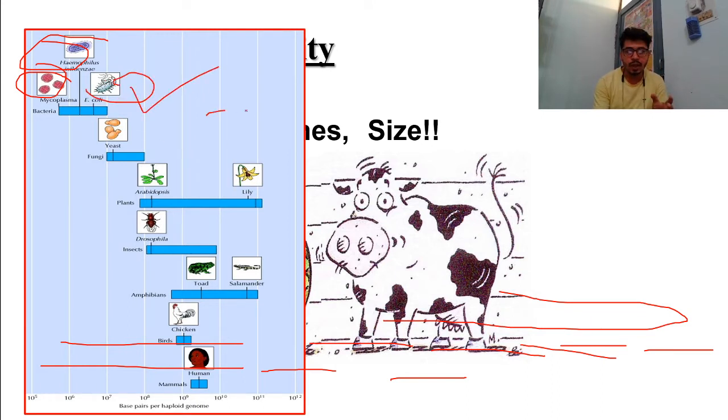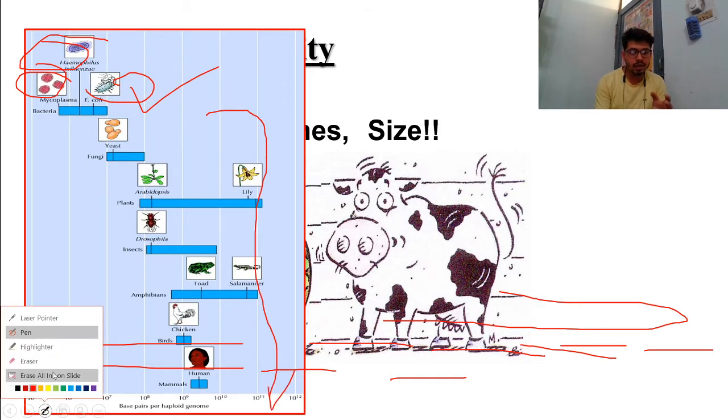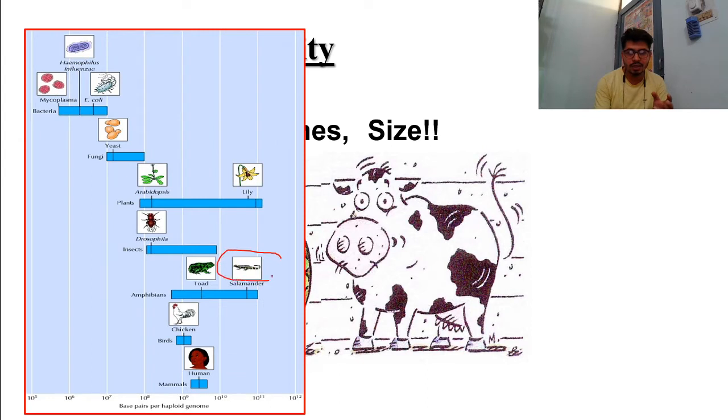And as we go from E. coli down to humans, just look at the salamander. Its size is very small, but its haploid genome has a very high number of base pairs, even compared to the human, but the number of genes is less. Why so? Because we are evolving, and the number of genes does not depend on genome size. When you understand the Cot curve and the C value paradox, you will understand the basic idea behind this.